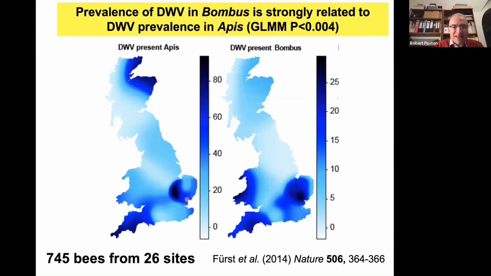And you can see the heat map shows that in, for example, this must be around Cambridge or so in East Anglia, or just before East Anglia, up to 80% of the honeybees were infected. And down in Cornwall and Devon as well, 60 to 80% of the honeybees that we collected, this is present in Apis, were infected. We get almost the same pattern, statistically a similar pattern in bumblebees.